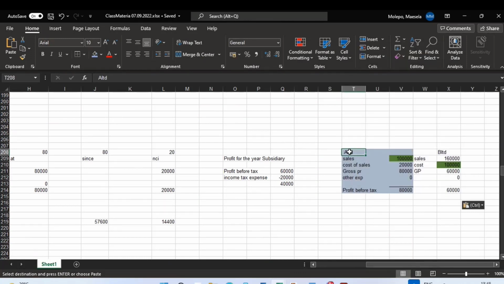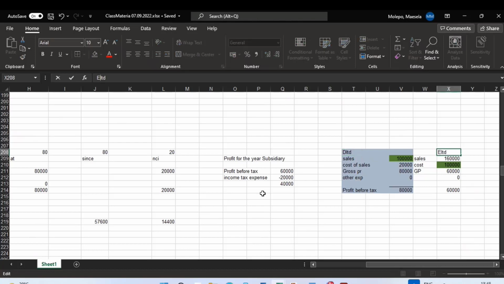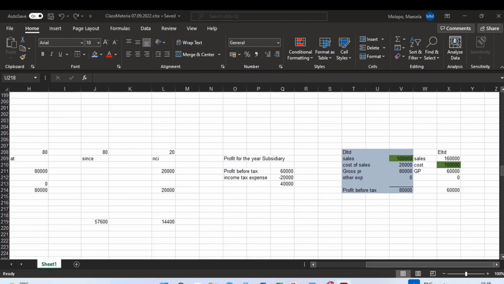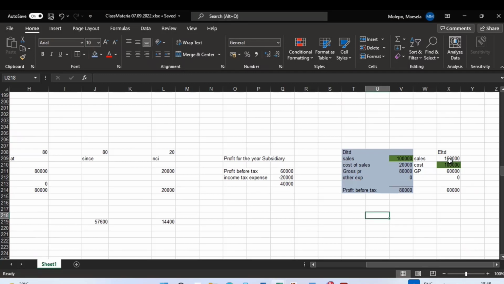Now we're going to change it, it's going to be D and E. They say total sales of E Limited amount to 100,000 net during 2008. So E Limited has 100,000 as sales here. So it means now D Limited will have 100,000 as purchases.